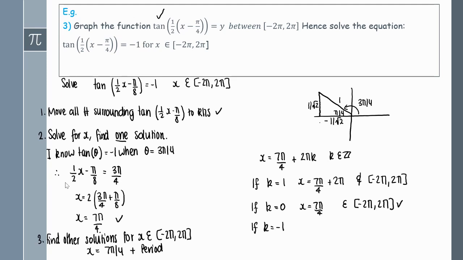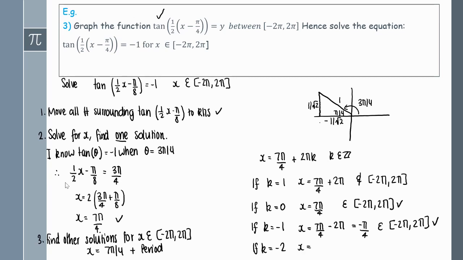I can always try to minus a period as well. So this is when I have k is -1. So x would be equal to 7 pi on 4 minus 2 pi. And that will give me, I think, minus pi on 4. Now this is good because minus pi on 4 is between minus 2 pi and 2 pi.